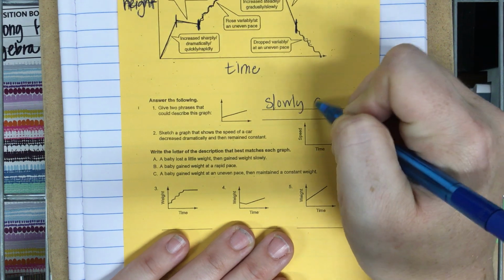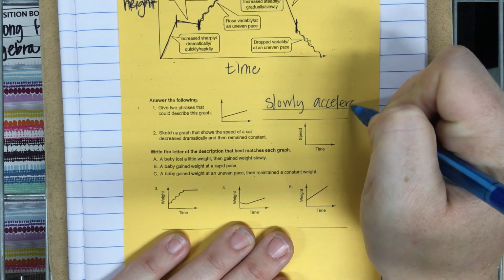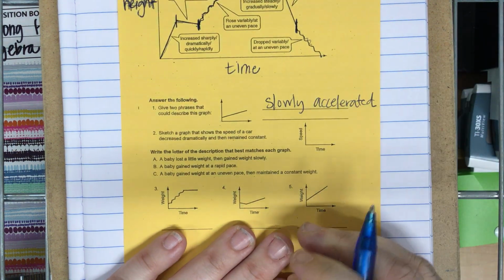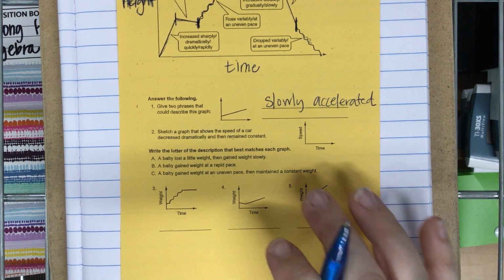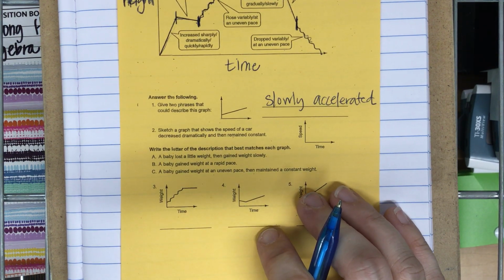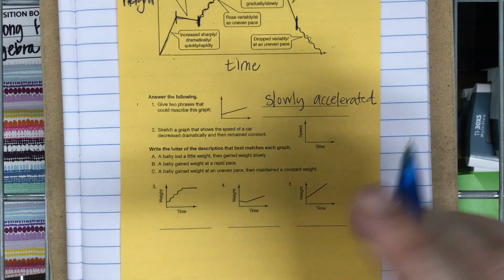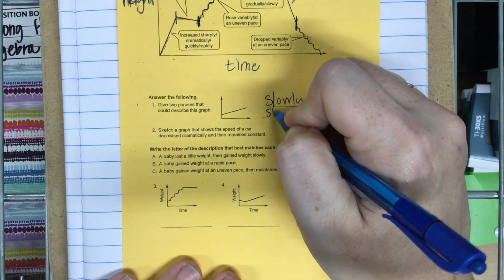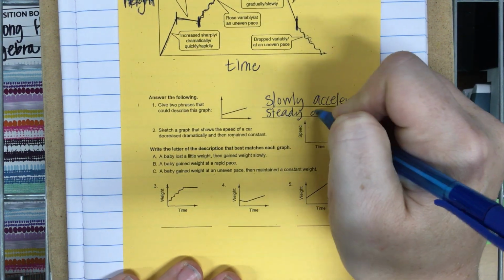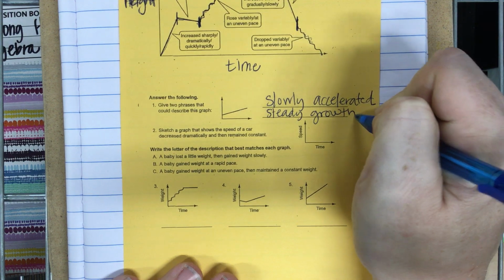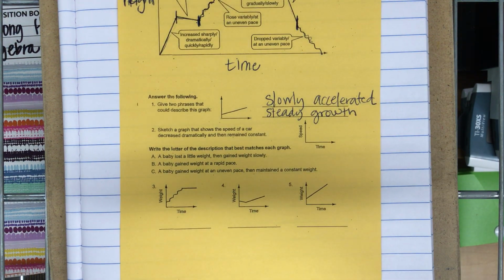Perfect. What else could you say? Steady growth. Gradually climbed.